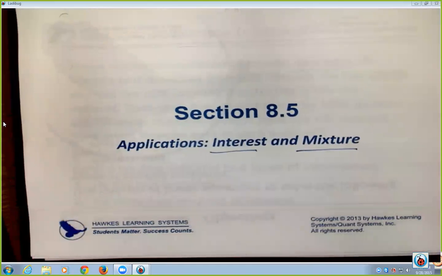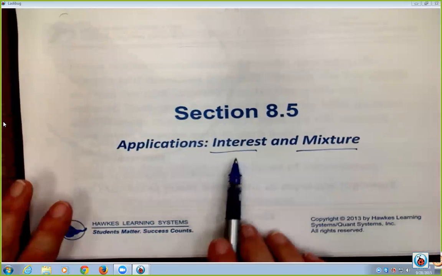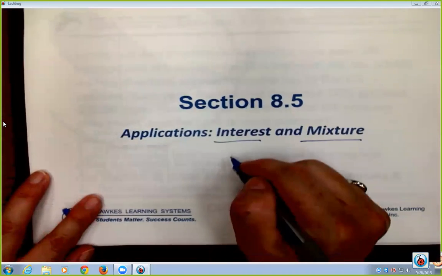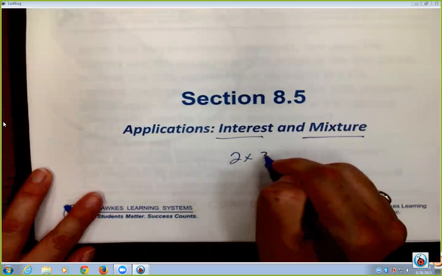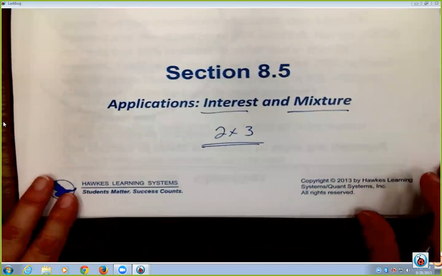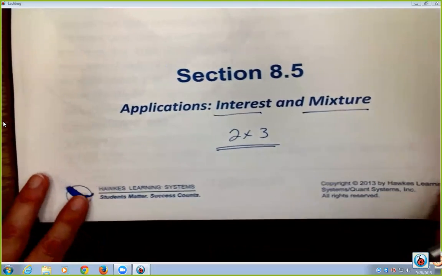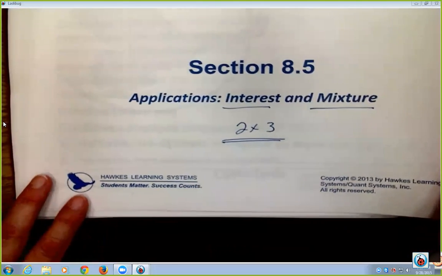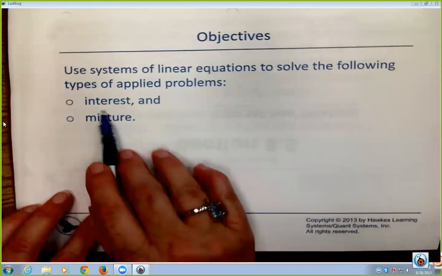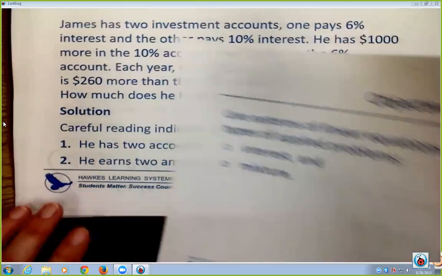And the charted stuff, we're going to set that up, and then from that chart, you're going to pull out your two equations. These are going to all be 2 by 3 matrices. They're not the 3 by 4s. So you only have 2 statements in them, and we'll work with those and see what we happen to have with that. So then the objectives are work with interest and mixture problems.